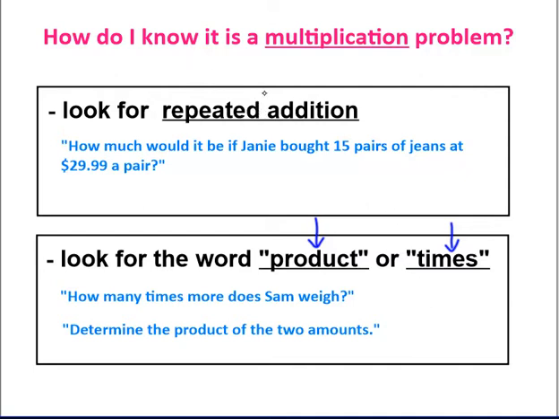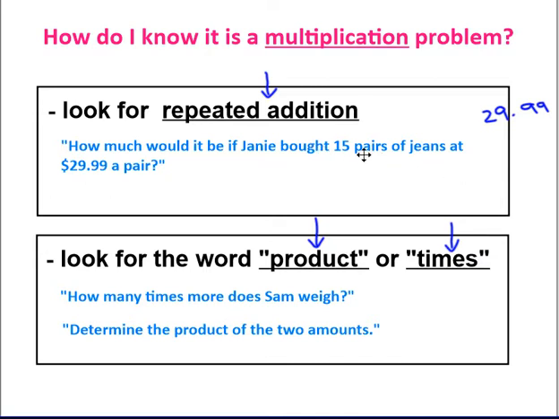The other way that it may indicate to you that it's a multiplication word problem is if it's repeated addition. What do I mean by this? Well, for example, how much would it be if Janie bought 15 pairs of jeans at $29.99 a pair? Well, you could take $29.99 and add that together 15 times and get the answer.